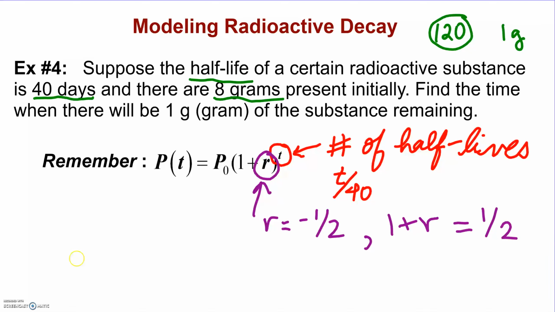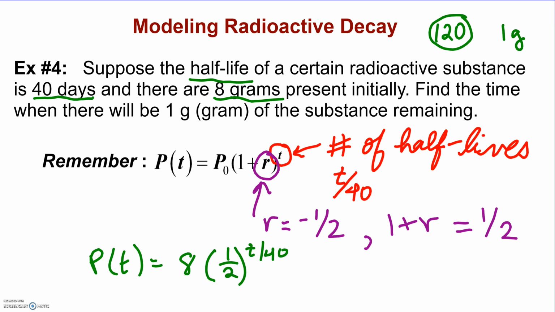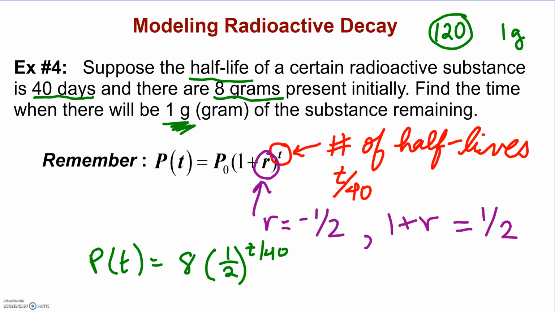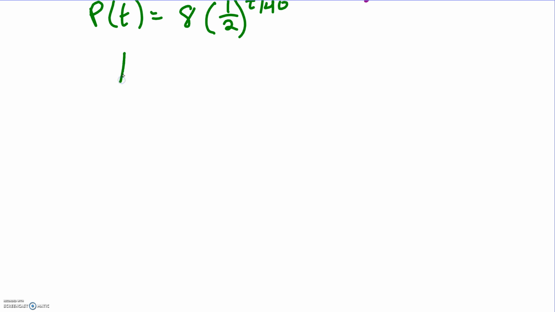So in this situation, we would have P of T equals the initial amount, the 8 grams, times 1 plus R, which we just said was 1/2, to the T over 40. And then it asks, when will there be only 1 gram of the substance remaining? So for that, you just put in 1 in place of P of T. And then solve for T. So divide by 8.